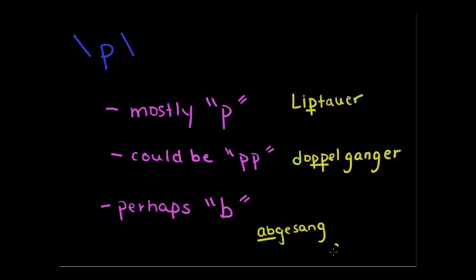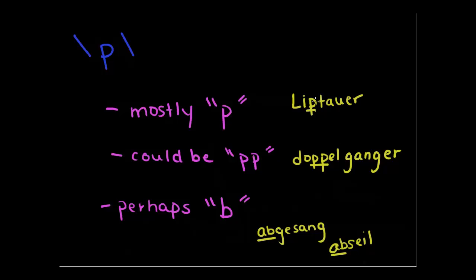Another example is Abseil. So this B doesn't happen too often. Usually it's just going to be with those AB words, for up meaning away from. So if you learn those, that's pretty much all of B representing the P sound, and then you're left with P and PP, and it should be pretty easy to figure out what it is.